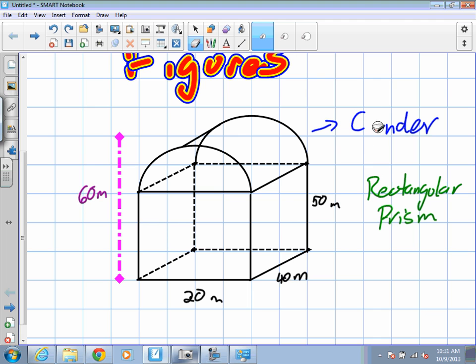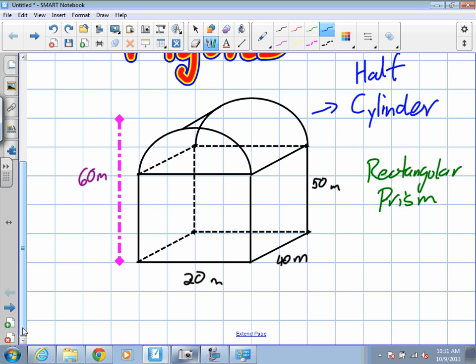Spelling's off. Anyways, essentially we have half of that cylinder. Okay? So, that means we need two major formulas at least for these two objects.